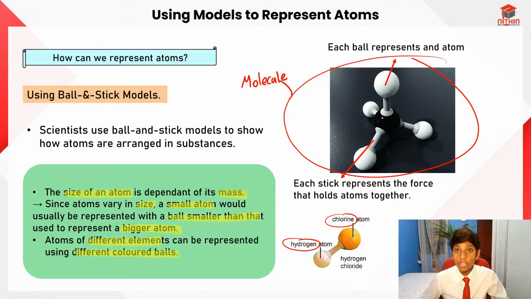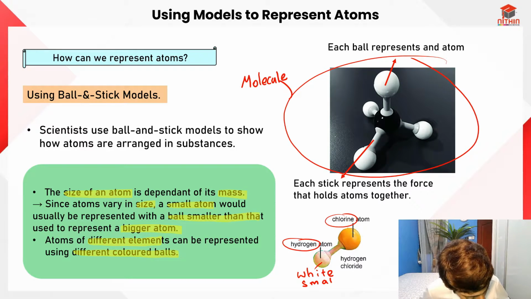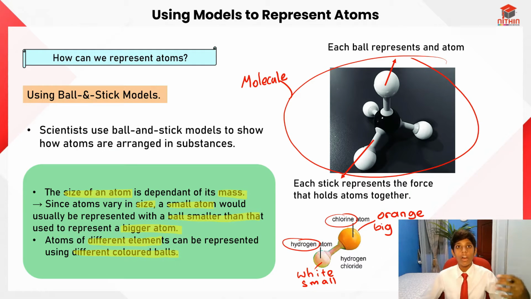The hydrogen atom is a white ball which is small, while the chlorine atom is orange in color and is bigger than the hydrogen atom, because chlorine has a bigger mass than hydrogen, and thus it is bigger in size and in a different color, since it is a different element itself.